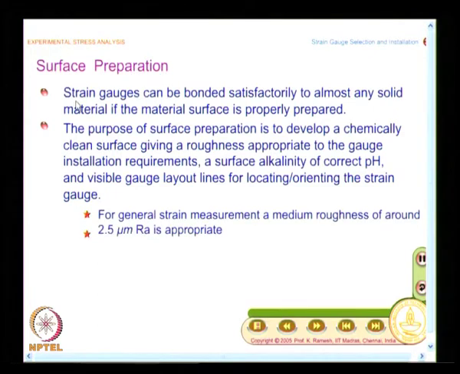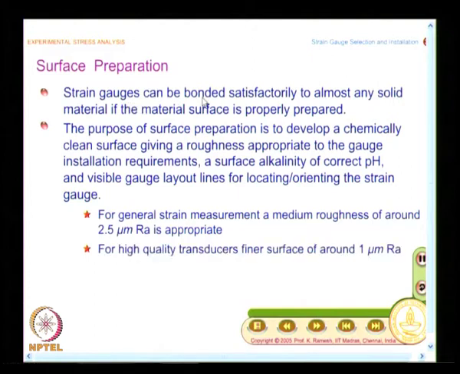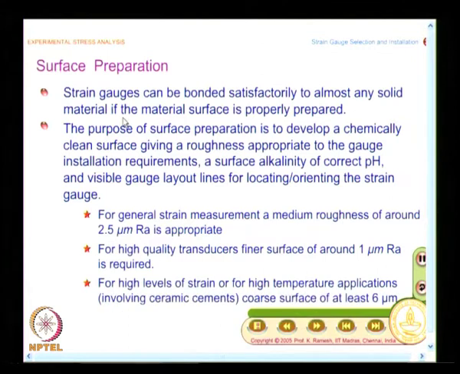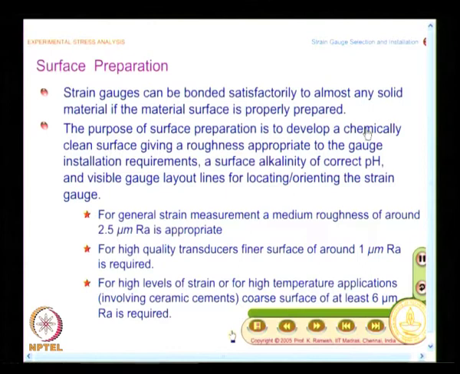And if you look at strain gauges, they can be bonded satisfactorily to almost any solid material if the material surface is properly prepared. And what is the focus of surface preparation? I have to know the focus, then you will be able to appreciate the procedure involved. The focus is to develop a chemically clean surface, giving a roughness appropriate to the gauge installation requirements.